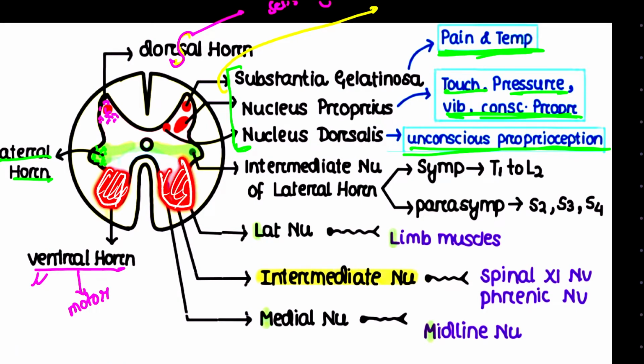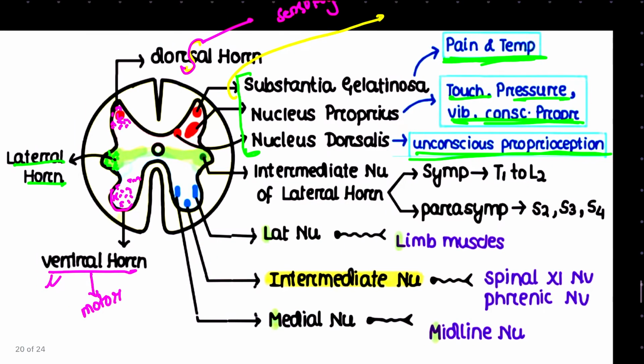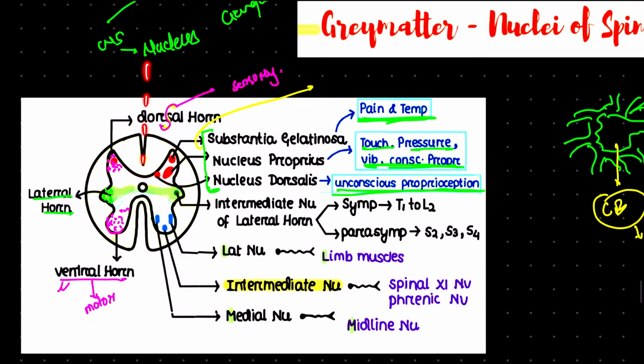Now in this ventral horn, let's suppose this is our midline for the spinal cord. Close to it is our medial nucleus, and lateral to this is our lateral nucleus, and between them is our intermediate nucleus. The intermediate nucleus of the ventral horn, because we also need to discuss the intermediate nucleus of the lateral horn.